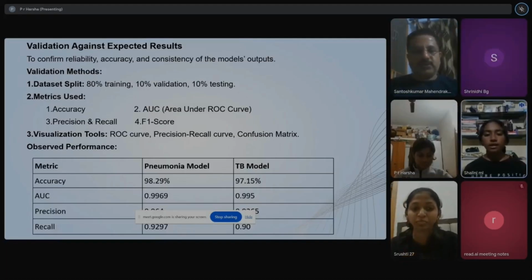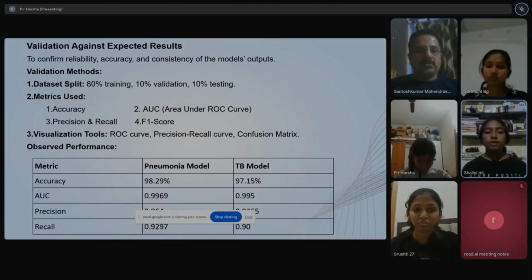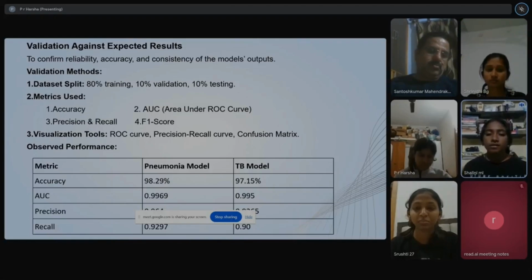AUC ranges from 0 to 1. If the AUC of a prediction is 0.5, the confidence level is much lower, random.